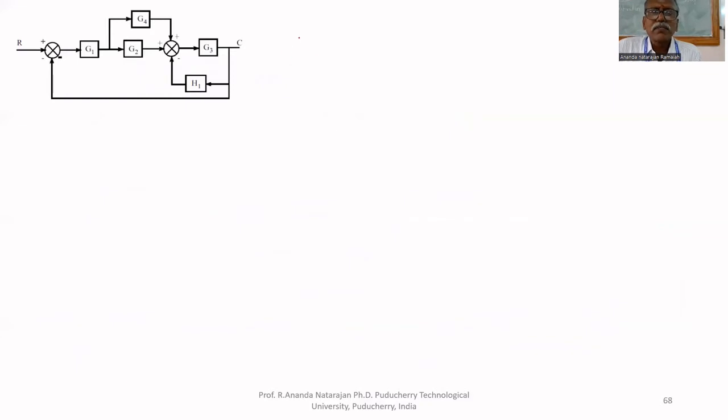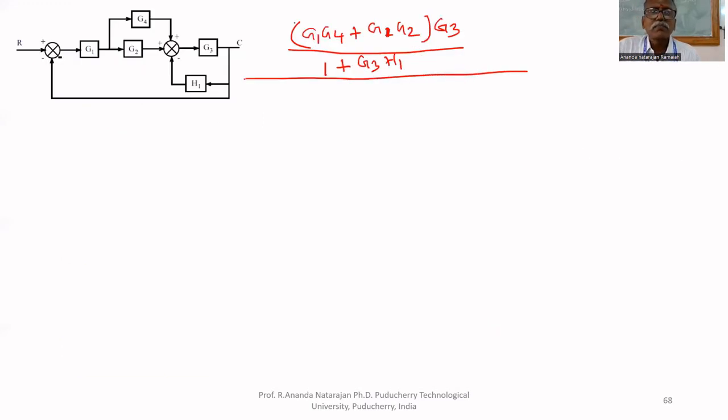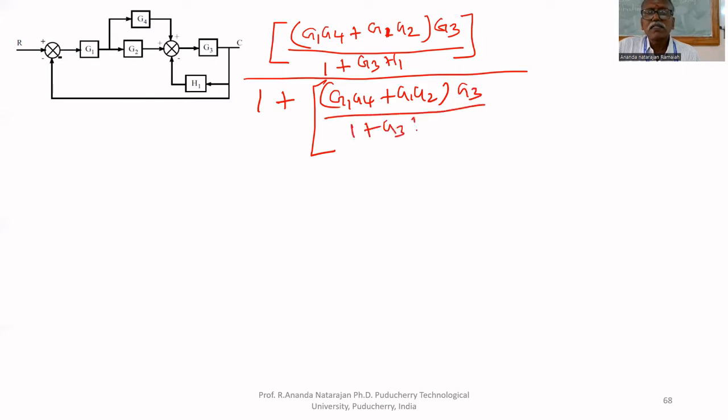If we apply seventh rule, forward path transfer function G1 G4 plus G1 G2 multiplied by G3 upon 1 plus G3 H1, whole divided by, because of this feedback path, 1 plus the entire thing: G1 G4 plus G1 G2 multiplied by G3 upon 1 plus G3 H1.